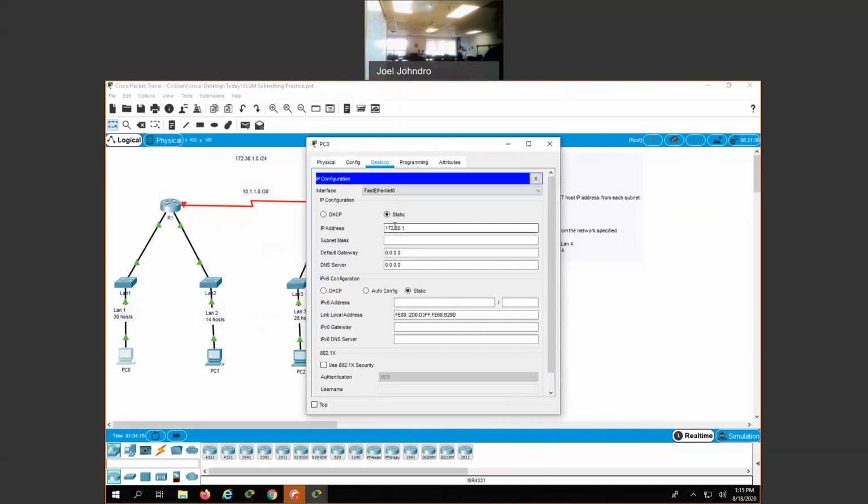Range is 1 to 30. Remember, we used 1 for the interface and we used 30 for the SVI. So the next usable one is .2. Subnet mask is still .224. And we're going to find the gateway. And that's .1. That's 172.30.1.1.